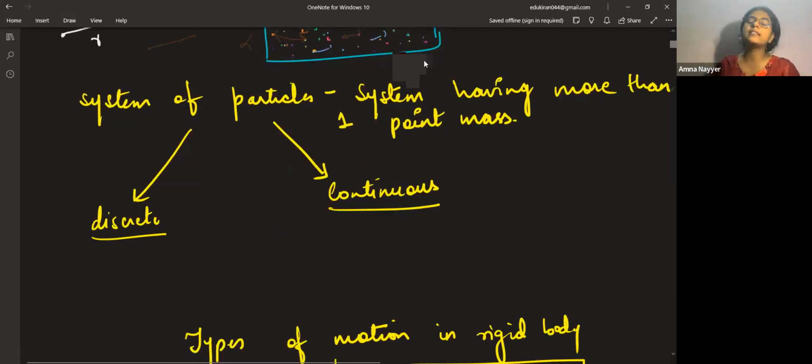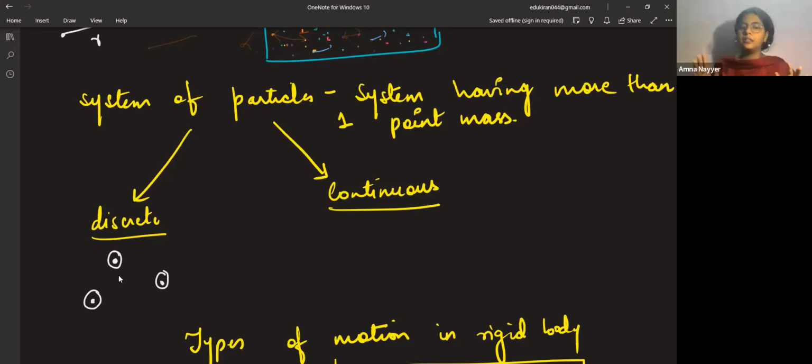Now when we are saying system of particles, they can be discrete, they can be continuous. System of particles means not a single particle is present, lots of particles are present which are clubbed together. When I say discrete, it means one particle is here, one particle is here, one particle is here. All of these particles are present in a diffused manner.